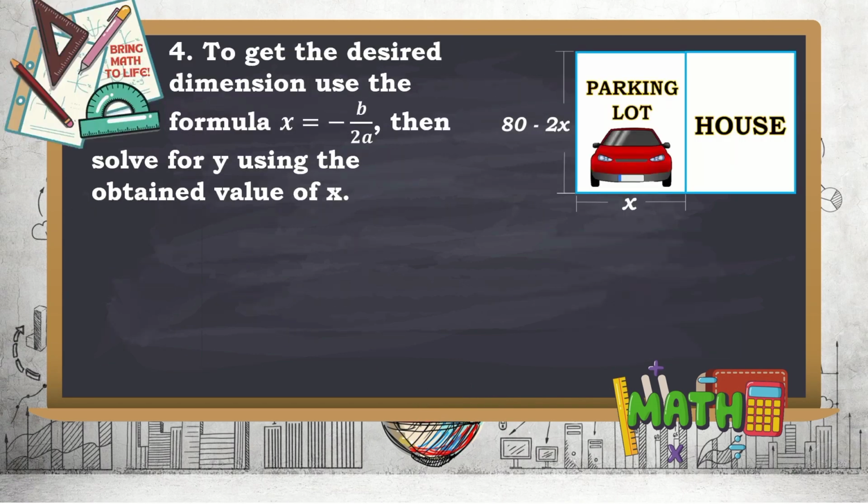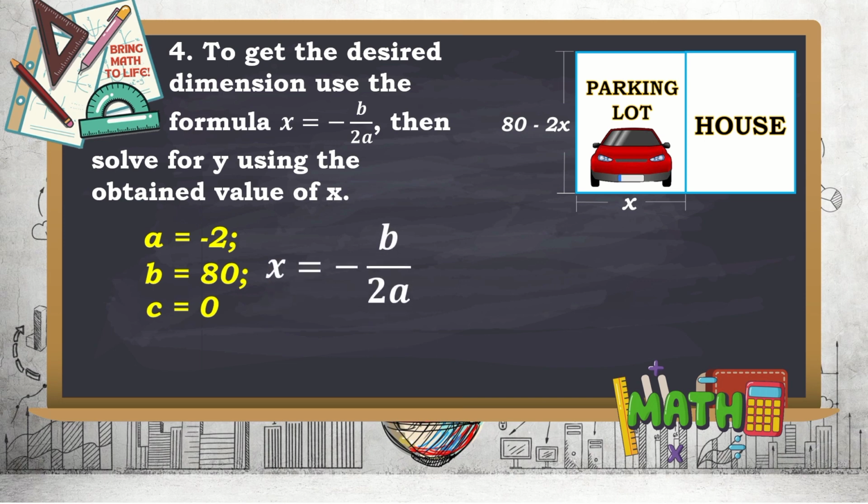To get the desired dimension of the lot, use the formula x is equal to negative b all over 2a, then solve for y using the obtained value of x. So the values of your a, b, c are negative 2, 80, and 0 respectively. So substitute it into the formula.